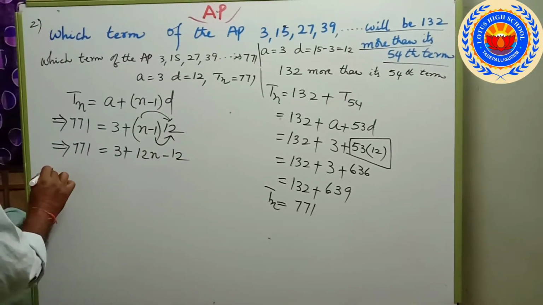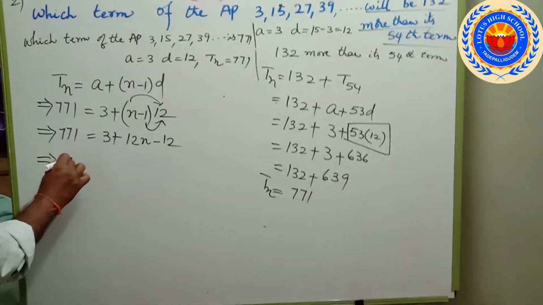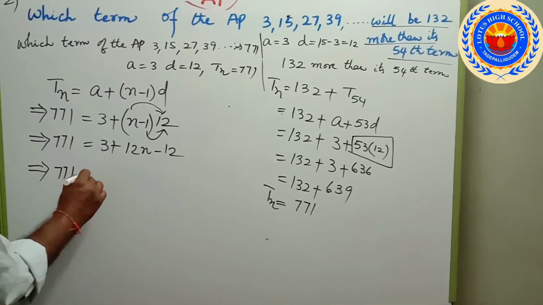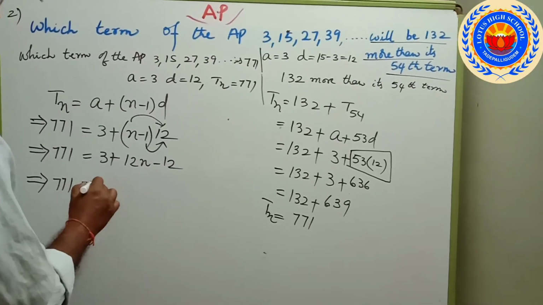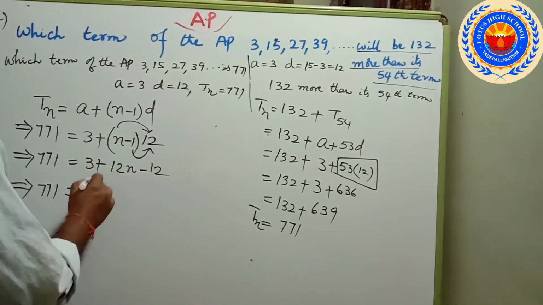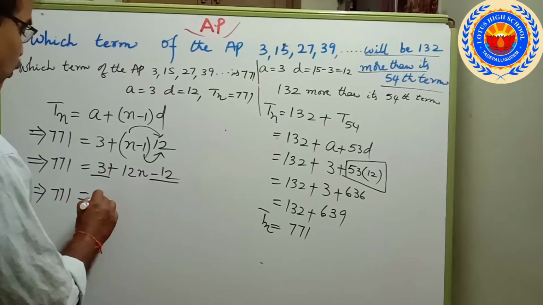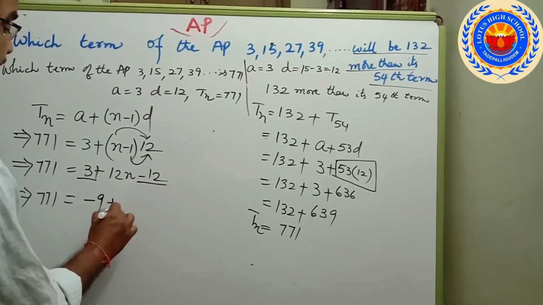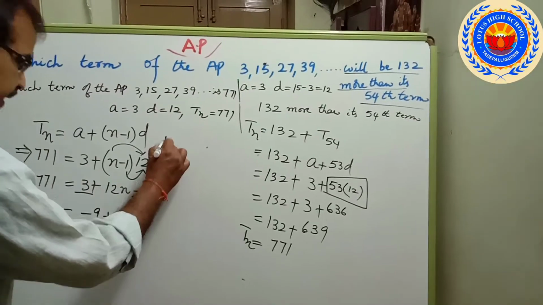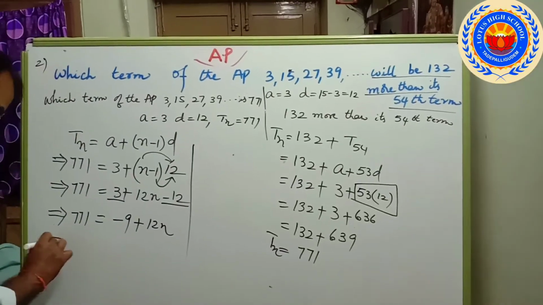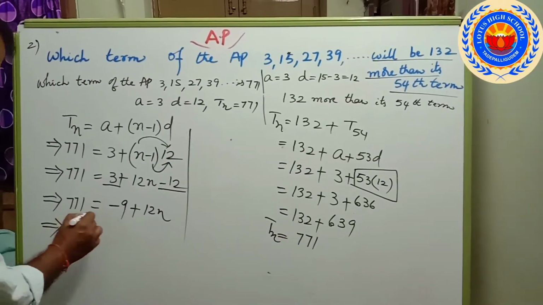12n minus 12. That implies 771 is equal to 3 minus 12, which is minus 9, plus 12n. Minus 9 plus 12n is equal to 771.